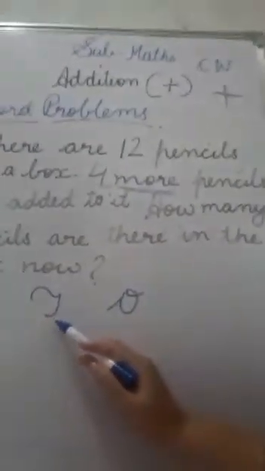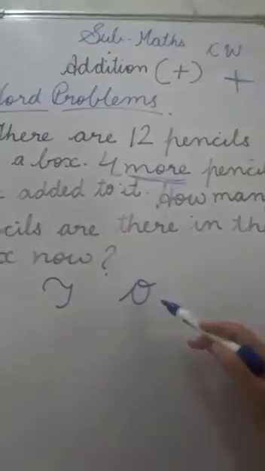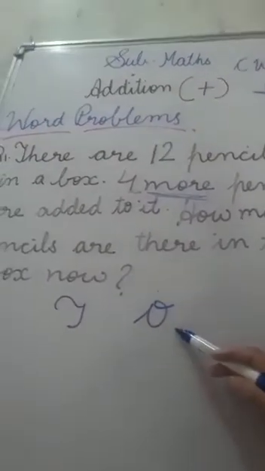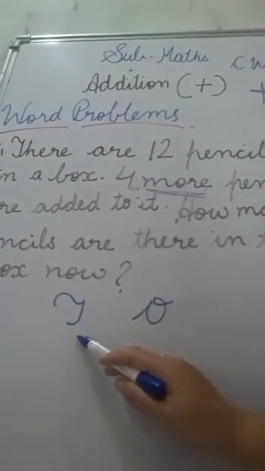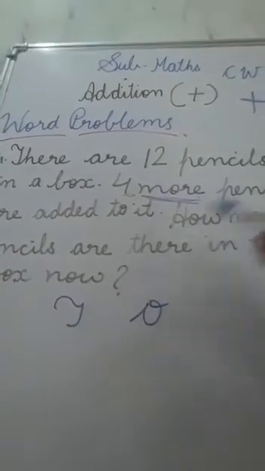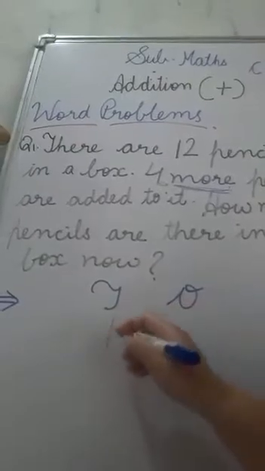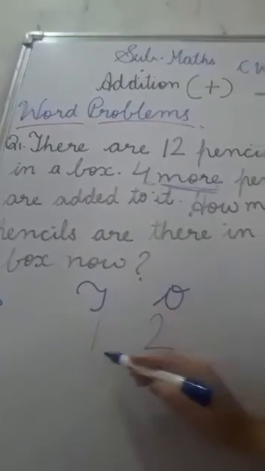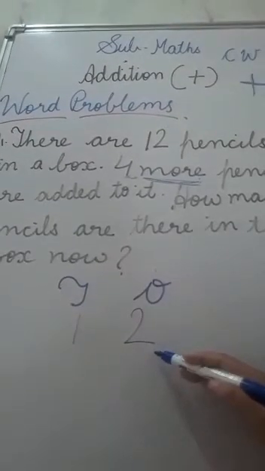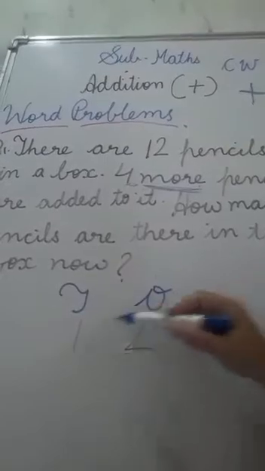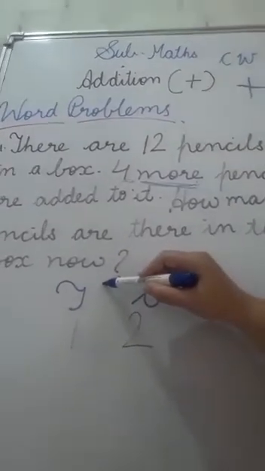See, T stands for tens here and O for ones. Start from here. O ones, T tens. See, first of all, how many pencils are there in the box? It's 12. So write down 12. It's a 2-digit number. So write down 2 on ones place and 1 in tens place here.